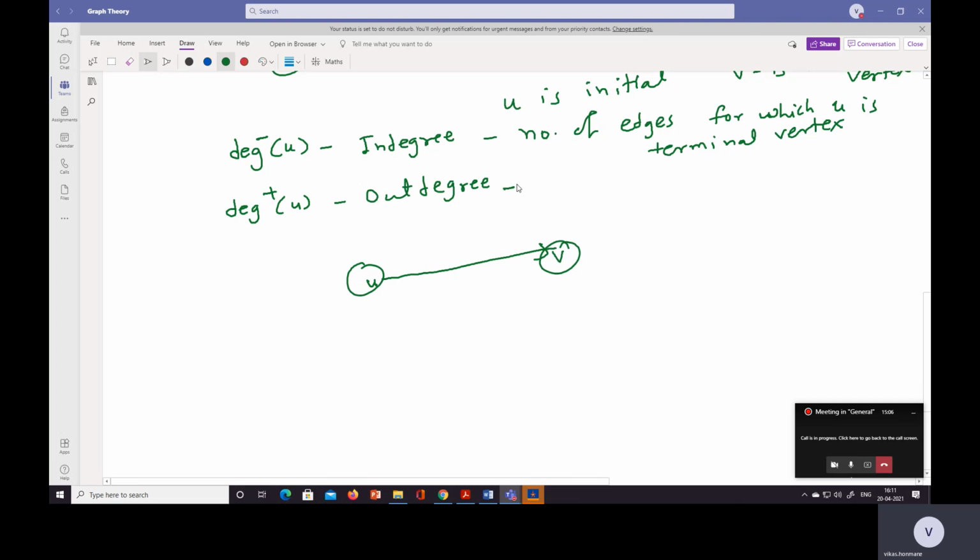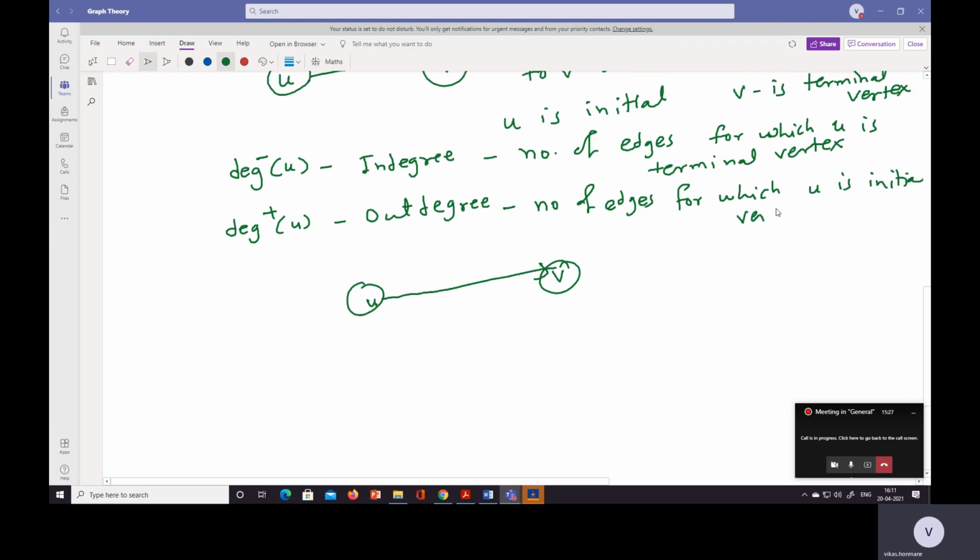And for out degree, the number of edges for which u is the initial vertex. So when we consider this u, in degree is 0 and out degree is 1, because it is the initial vertex.